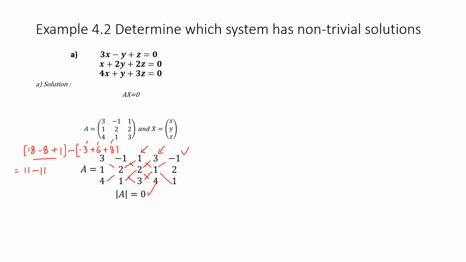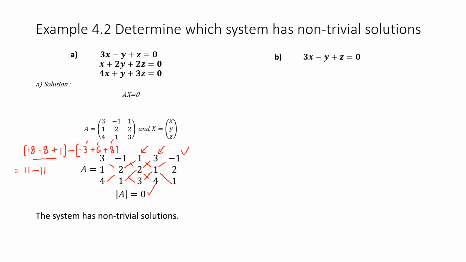So the determinant equals 0. The key point in the previous slides told us that if the determinant is 0, there will be non-trivial solutions.